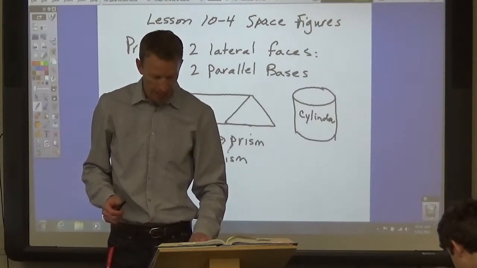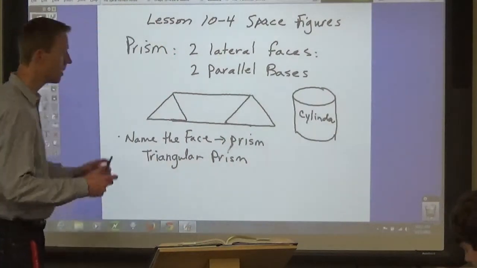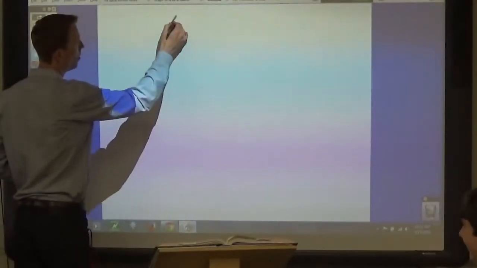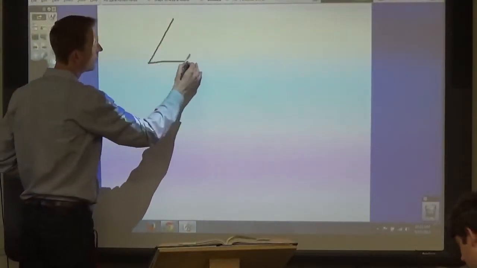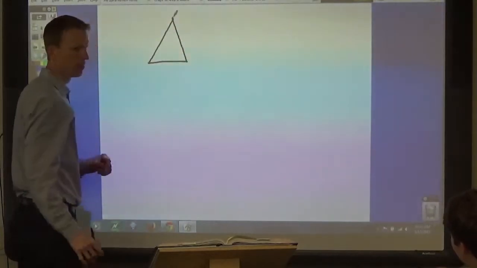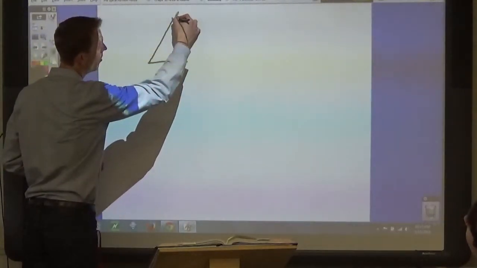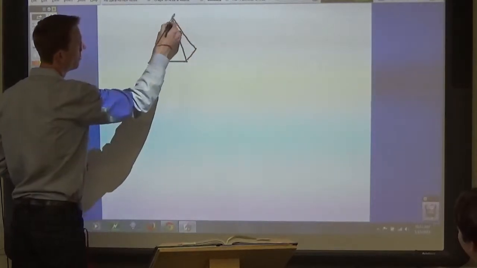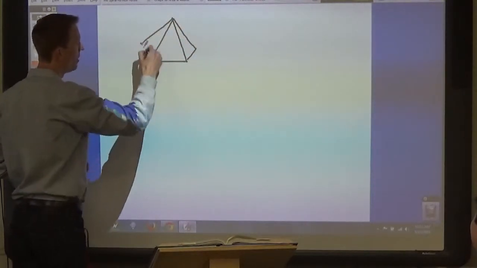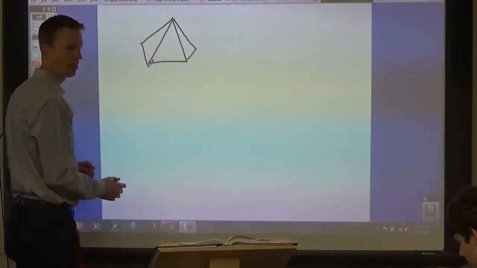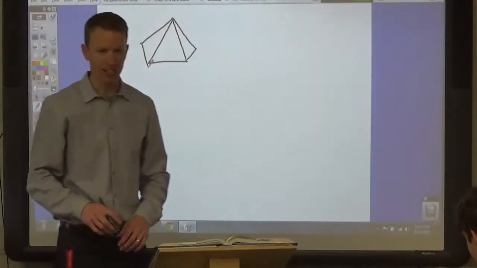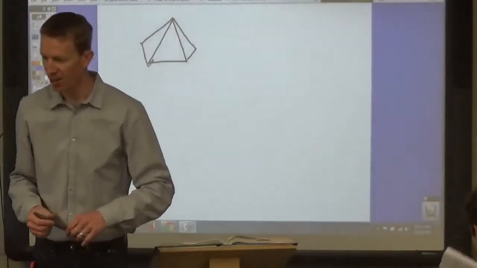The lateral faces are triangles, so they're not rectangles, but they are triangles. So it may go like this, a 3D triangle. There's a better picture of it in your book. I can't do all the shading right now.